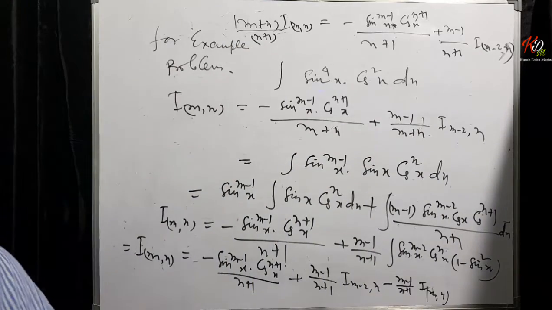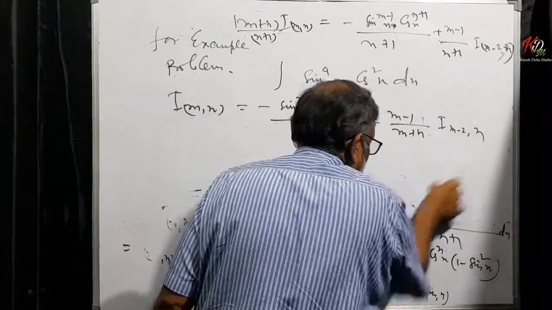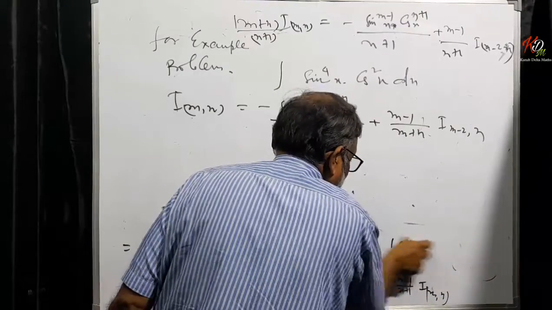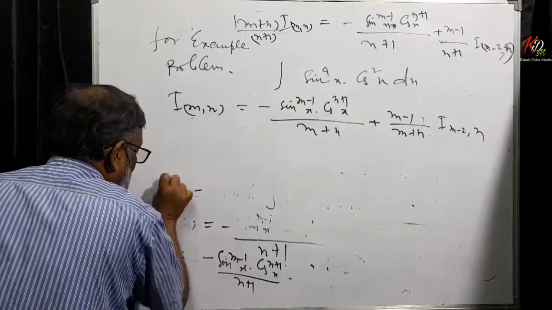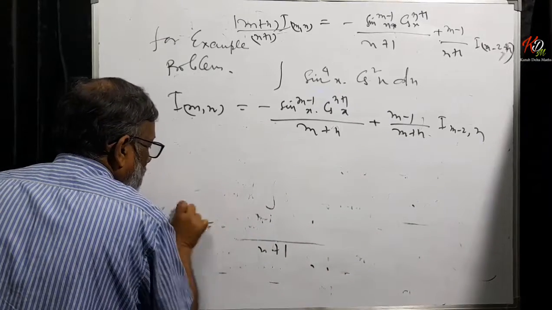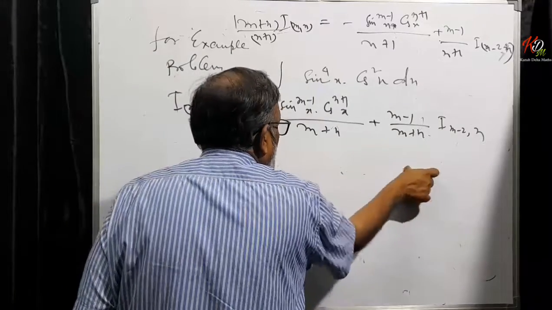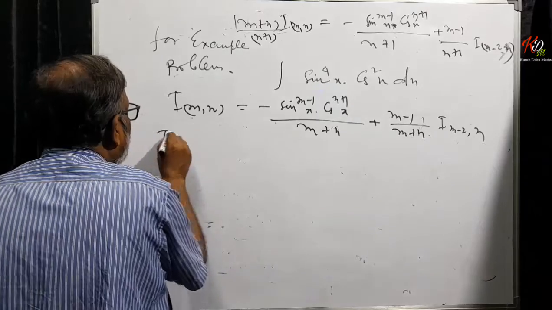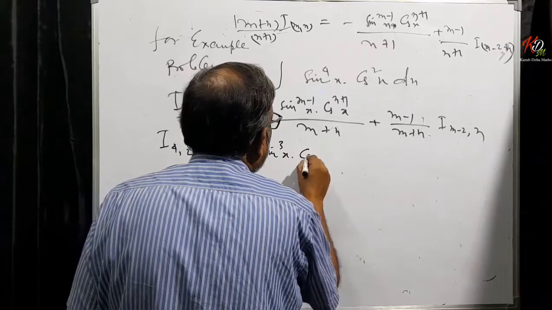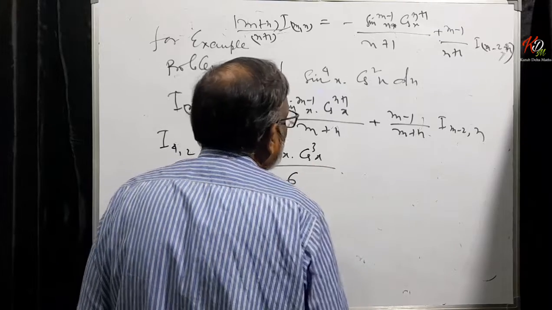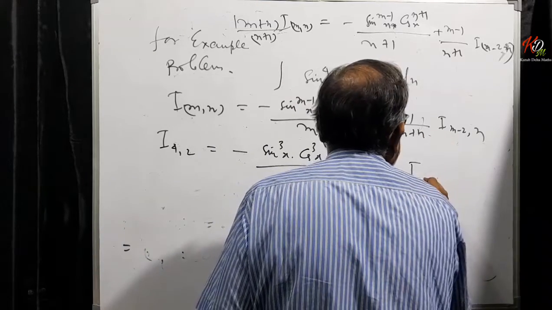Now putting the values of m equal to 4 and n equal to 2, we have I 4 2 equals minus sin cube x cos cube x by 6, plus 3 by 6 I, putting 4 minus 2, I 2 2.